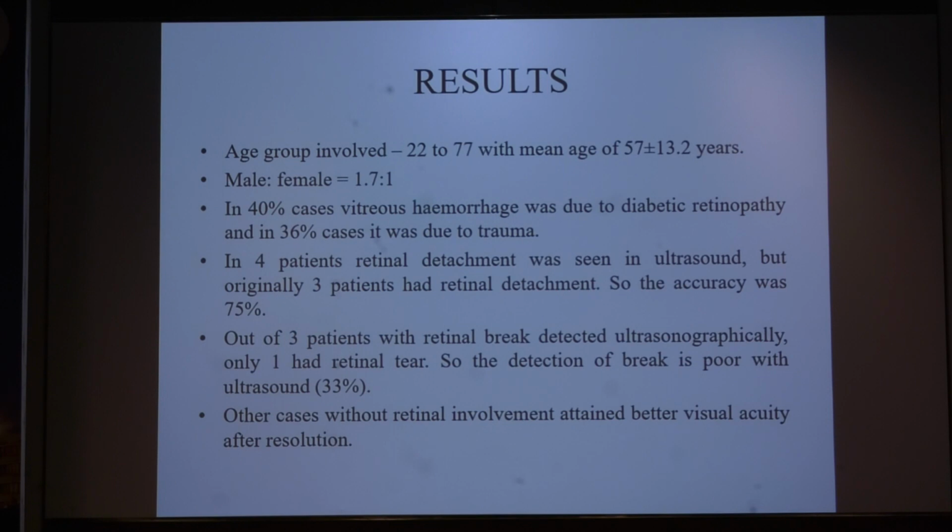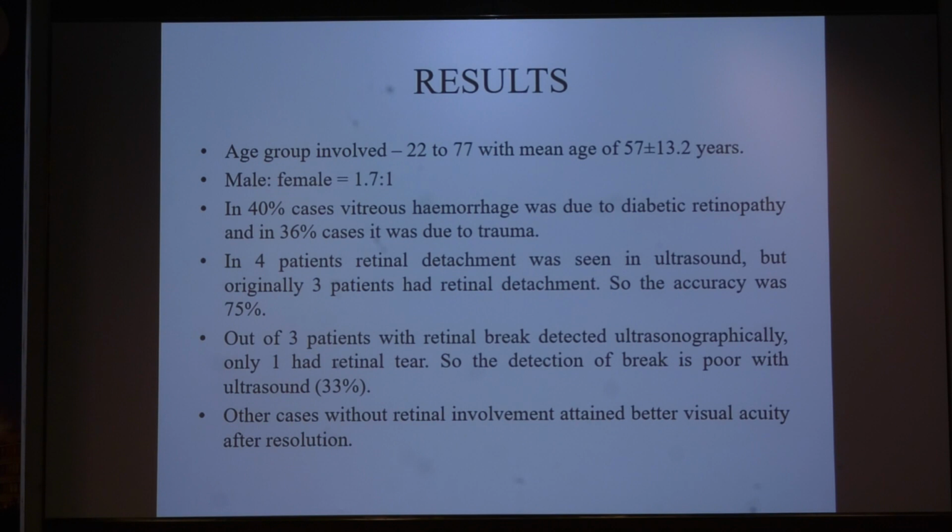The age group was 22 to 77 with mean age of 57 plus or minus 13.2. The male to female ratio was 1.7 to 1, and in 40% of cases vitreous hemorrhage was due to diabetic retinopathy, and in 36% it was due to trauma. In 4 patients RD was seen in ultrasound, but originally 3 patients had retinal detachment, so the accuracy was 75%.